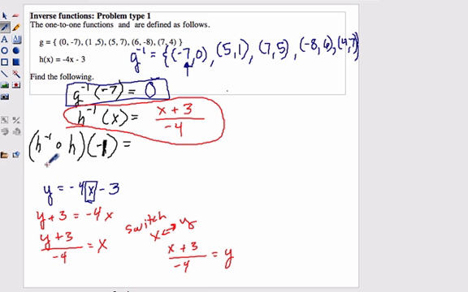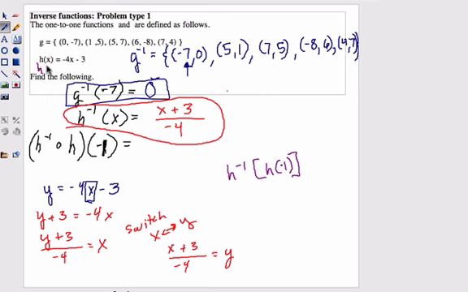Now there's one more question. It asks us to find the composition of h and its inverse when the input is a negative 1. I'm going to go through this process, and then you're going to notice a shortcut here. This basically means I'm going to find out what h of negative 1 is. So I come over to my h function and replace x with the negative 1.